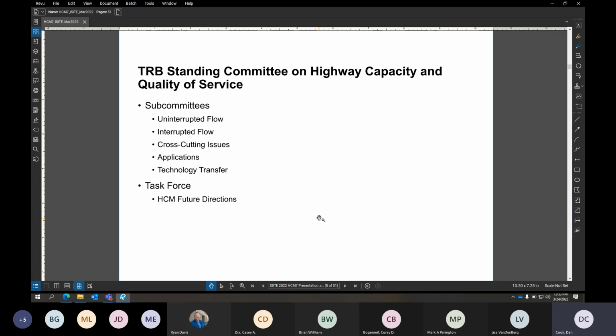We're using it through software tools. So either they're vendor products like, this is not a comprehensive list, Synchro or HCS or other software programs that have programmed in the Highway Capacity Manual methodologies. We use that in our jobs.